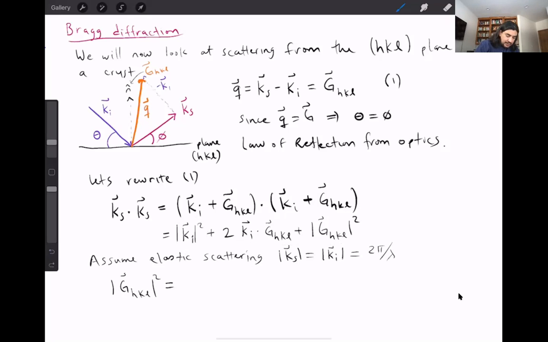And from that term, I get the -2 Ki dotted with G HKL. What that is, is the magnitude of Ki, so that gives me a 2 pi over lambda times -2.